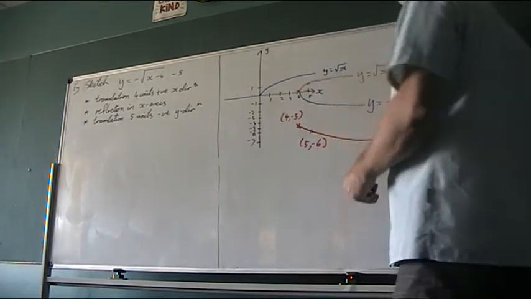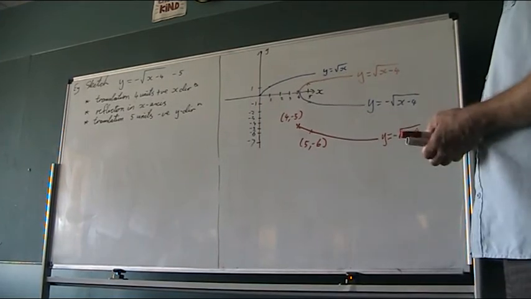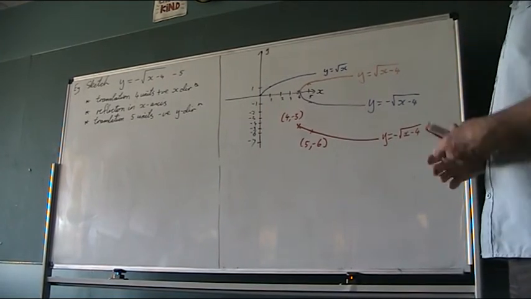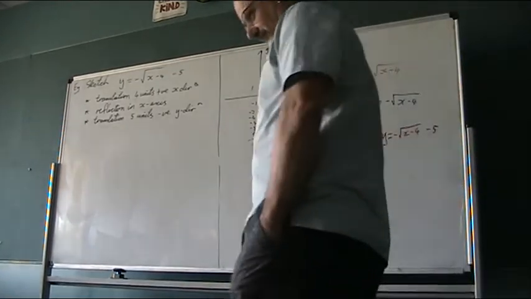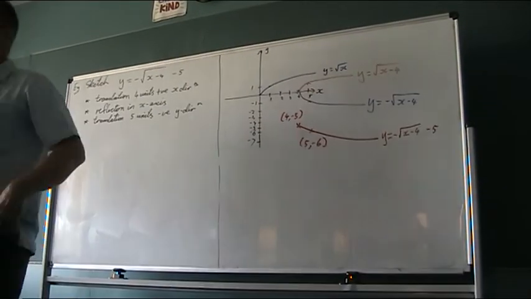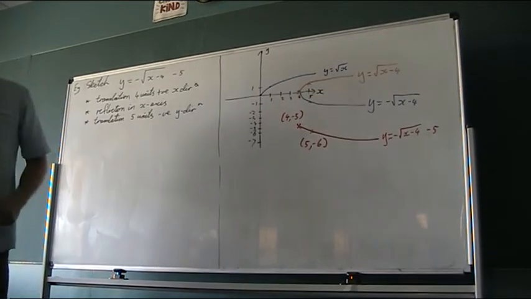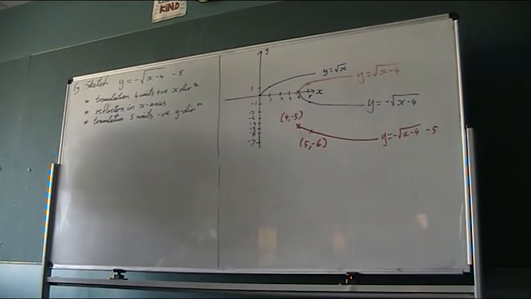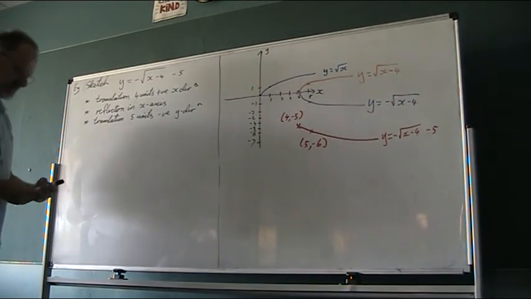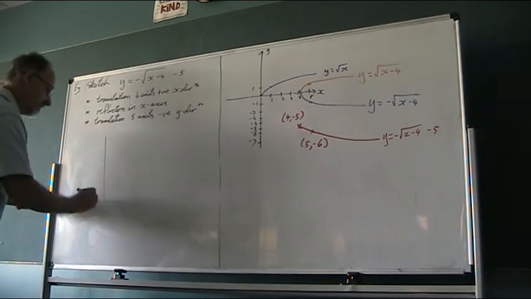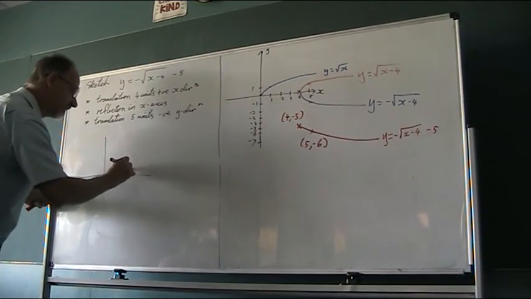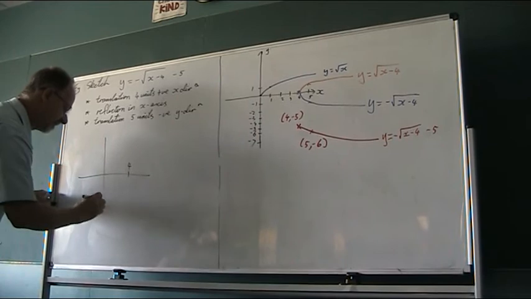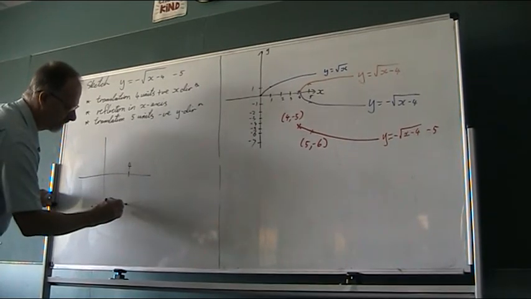Wouldn't it end up the same if you did the reflection first? No, because it's reflecting over the axis. Right. I know what you're saying. You could say, all right, I know it's been translated across 4, I know it's gone down 5, so I know it's a point there.